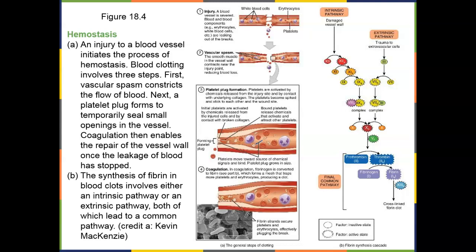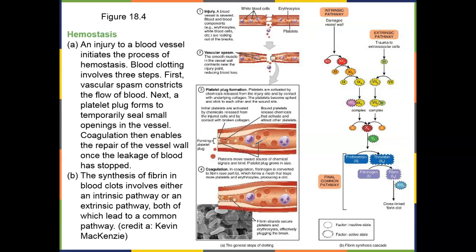Then platelets are going to move to the site where they can identify the collagen fibers in the blood vessel. When they do that, they release chemicals. So when the first platelets attach, they release chemicals, and these chemicals activate or stimulate other platelets to move to that site.